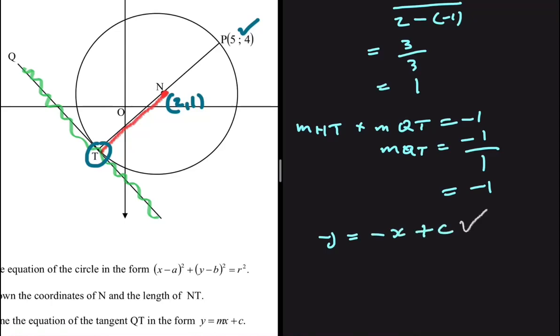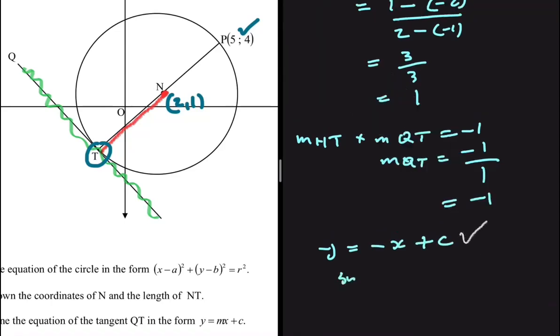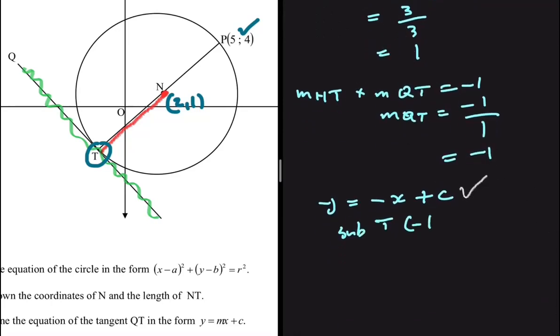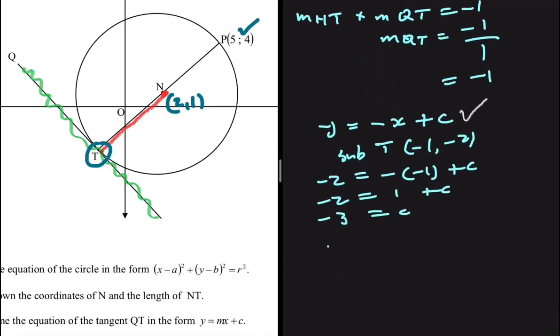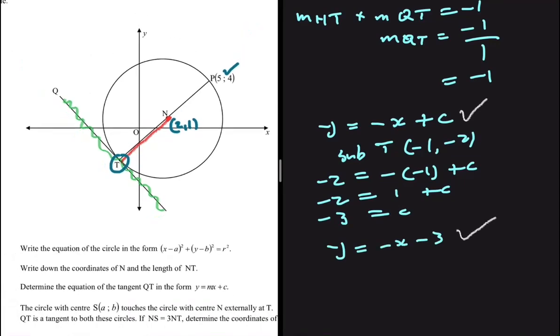Now we just need to find c. We're gonna substitute t's coordinates, minus 1 and minus 2. If we do that, we're gonna get minus 2 in place of y and minus 1 in place of x, plus c. So minus 2 is equal to 1 plus c, minus 3 is equal to c. So now we have y equal to minus x minus 3. And now we have the equation of qt.